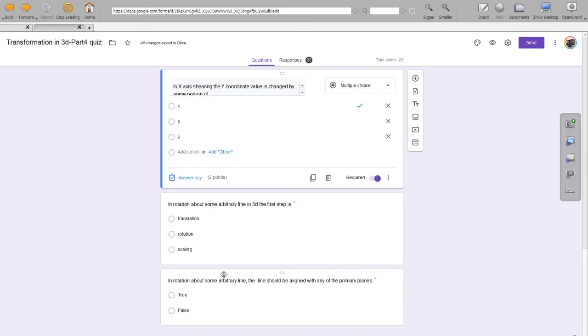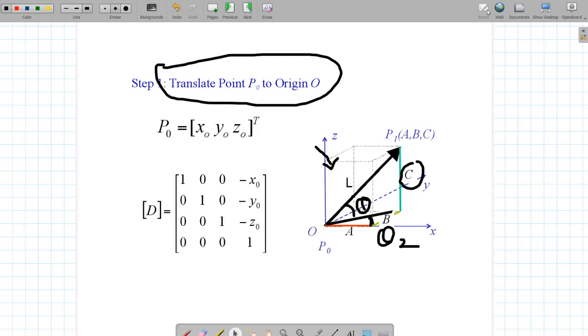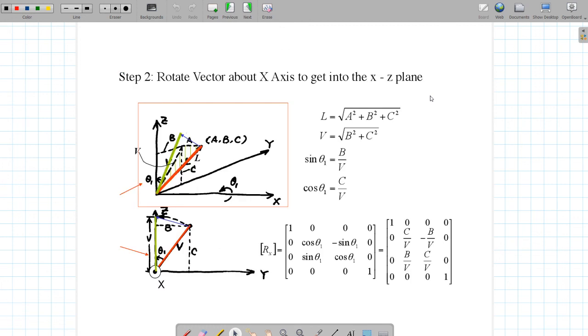And the last question, in rotation about some arbitrary line, the line should be aligned with any of the primary planes, true or false. So again, if you follow the second step of the algorithm, you can find that after translation, once the line passes through the origin, then you have to rotate the arbitrary axis in such a way so that you get the line onto some primary plane.